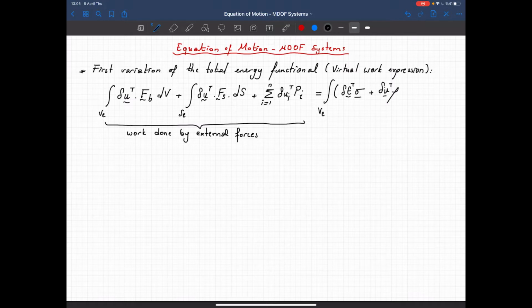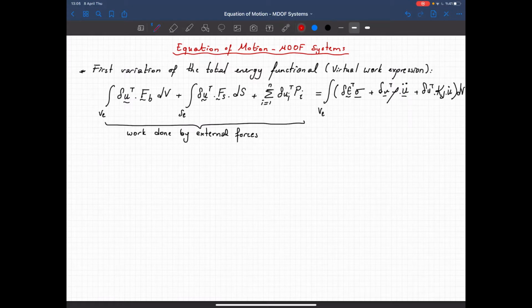multiplied by the, there's no dot here, multiplied by the inertia forces, which is equal to rho times u double dot, and plus the displacements multiplied by the viscous forces integrated over the volume.